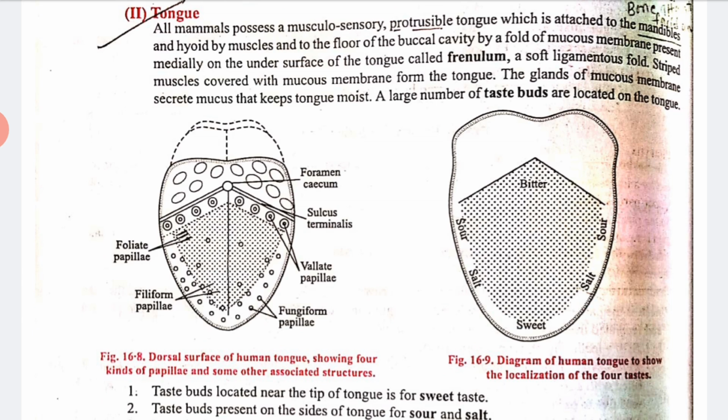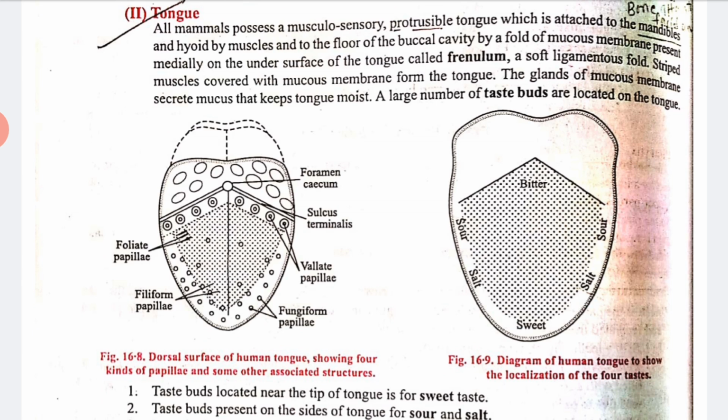Now filiform papillae are the smallest and most numerous papillae, white in color, and that is why our tongue also shows a white color. They are found near the center and most of the upper surface of the tongue, but without taste buds.